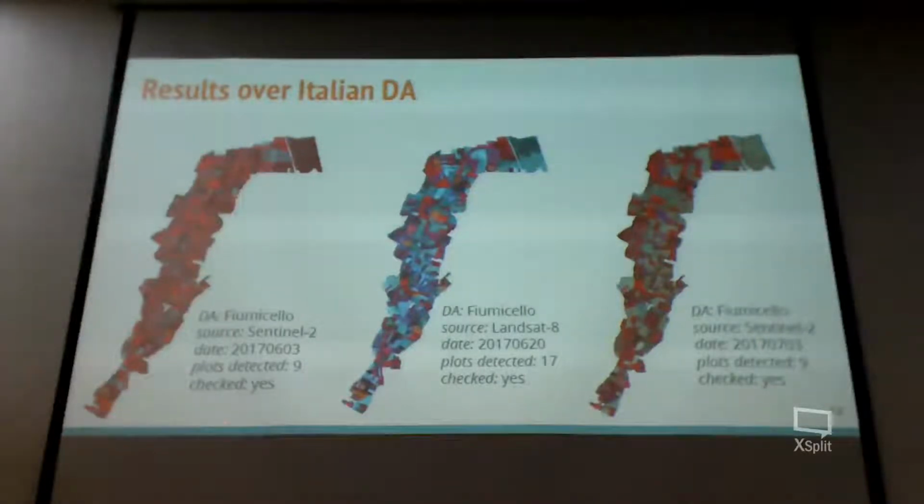So all the plots that we have found have been checked. And in this case, we have an accuracy of about 100%. So all the plots were irrigated and have been checked in a positive way.